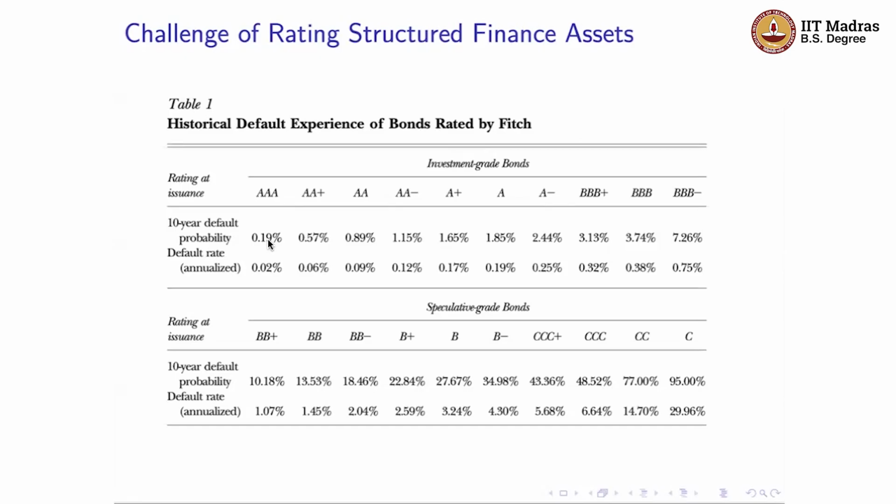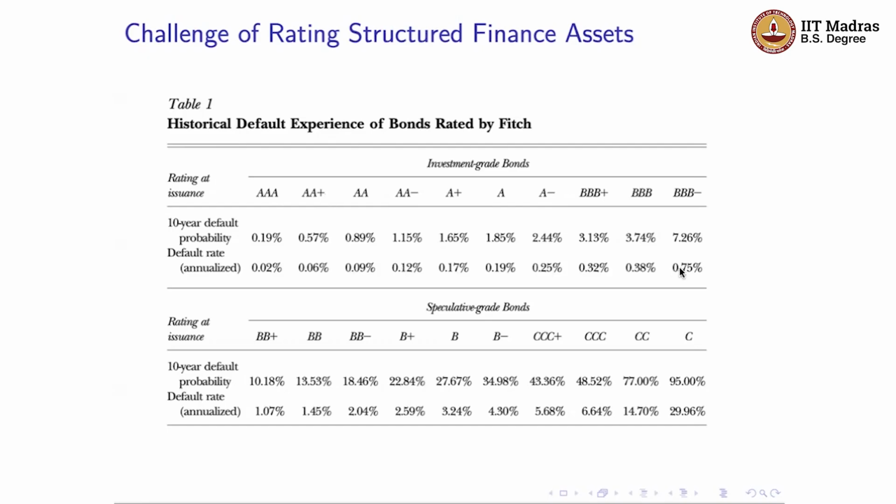They can be stated either as 10-year default probabilities or annualized default rates. To simplify things, let's look at the annualized default rate. If you had an annualized default rate of 0.02% or less, your bond would have been rated AAA. Whereas if that number went up to 0.06%, then it would be AA plus.